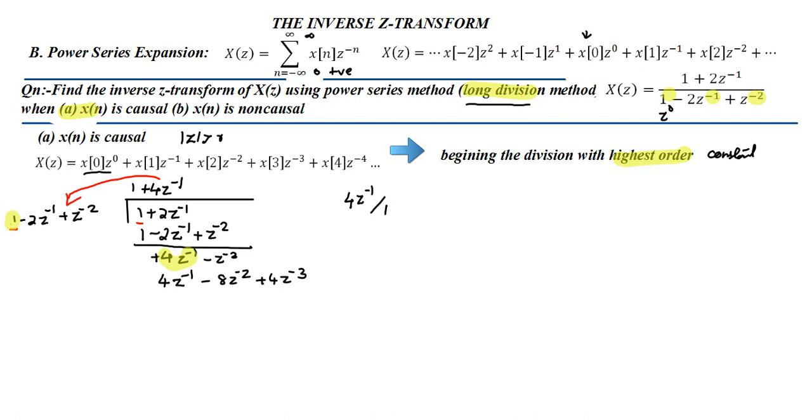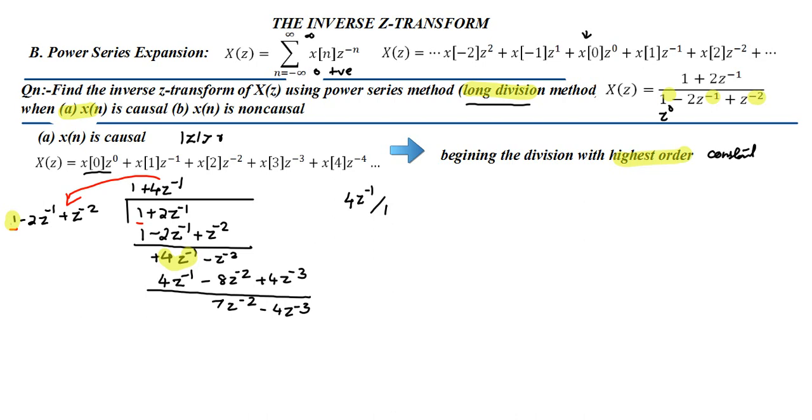Now we subtract, and you will get 0 here, and it becomes 7z raised to minus 2 minus 4z raised to minus 3.